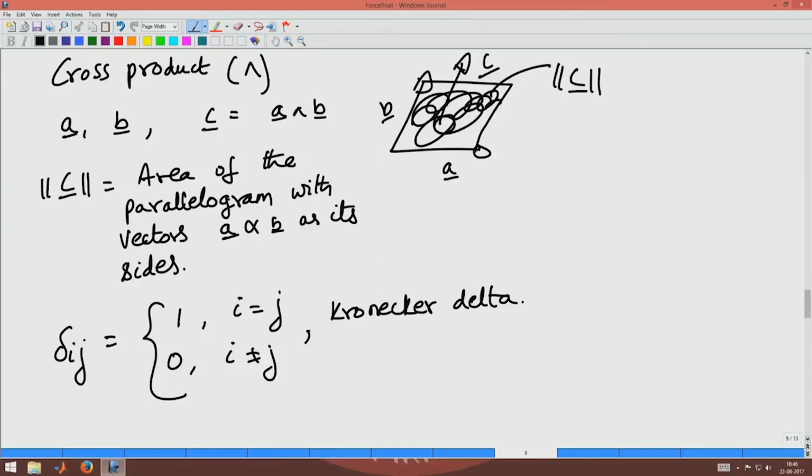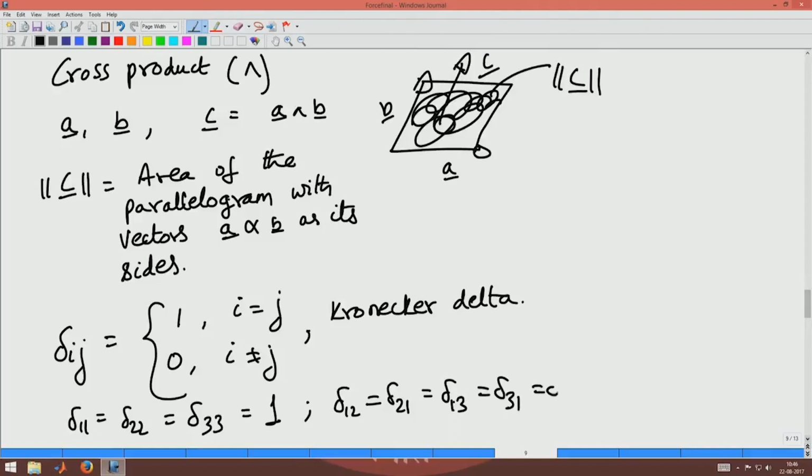That is, delta 1 1 would be equal to delta 2 2 would be equal to delta 3 3 would be equal to 1, but delta 1 2, delta 2 1, delta 1 3, delta 3 1, delta 2 3 and delta 3 2, all of these would be 0. So, this is called a Kronecker delta. This is used for the dot product.